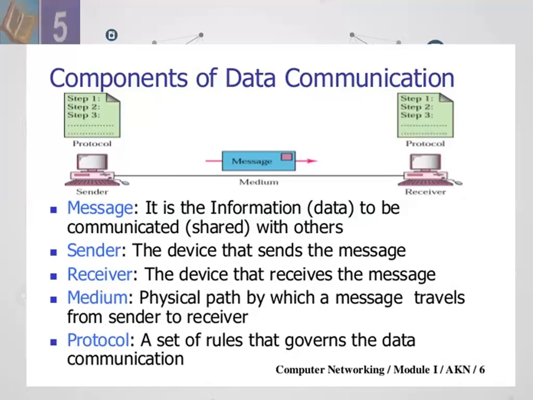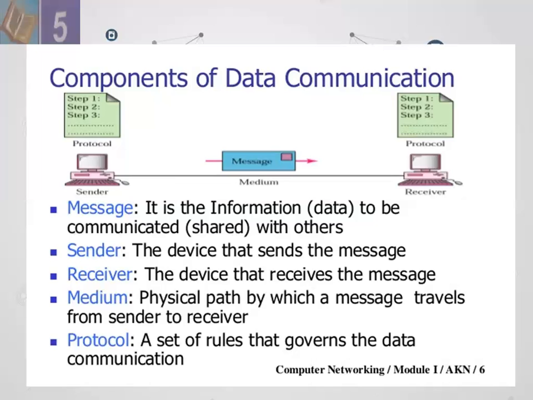Then we have receiver. Receiver is a device that receives the message. On the other end, the device, the computer that receives the message. So receiver is a device which receives the transmitted message and data. It can be a computer, workstation, telephone, or television set.